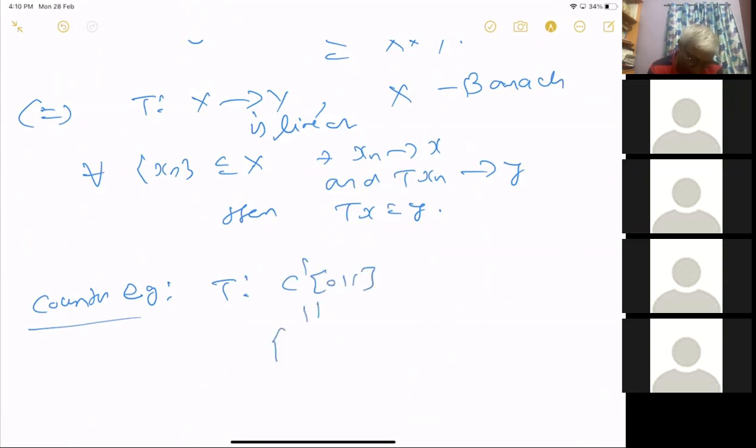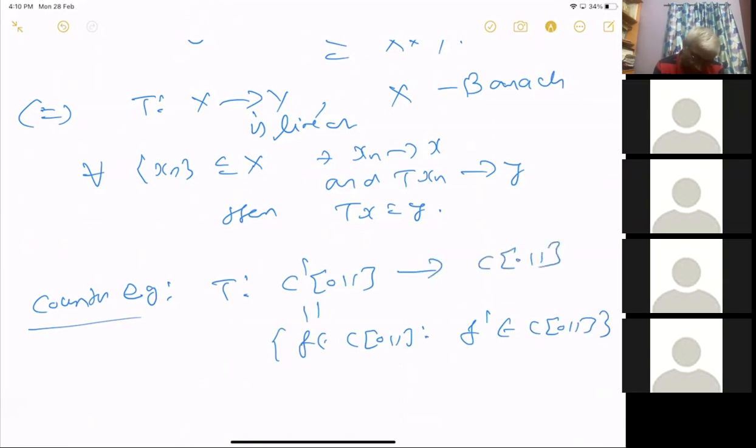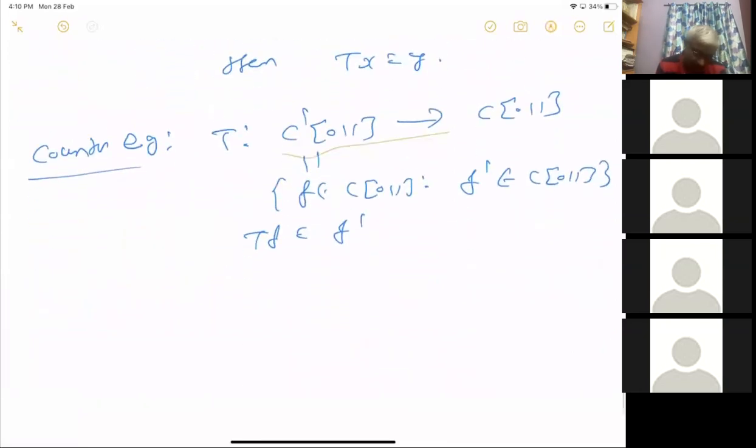This is equal to all those f in continuous functions on [0,1] such that f prime exists and f prime is in C0, so f prime is also continuous. This is just the inverse of the integral operator we defined. So Tf equals f prime. This is the differential operator. Then the graph of T is closed.